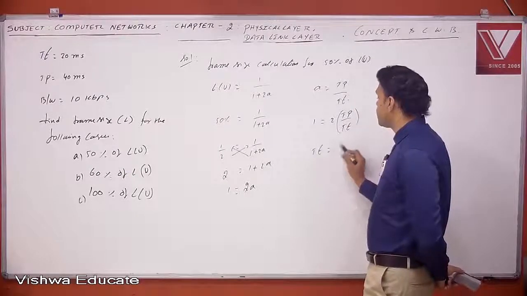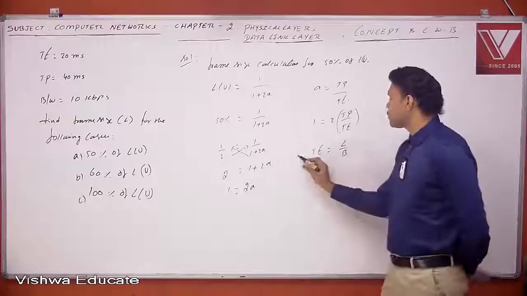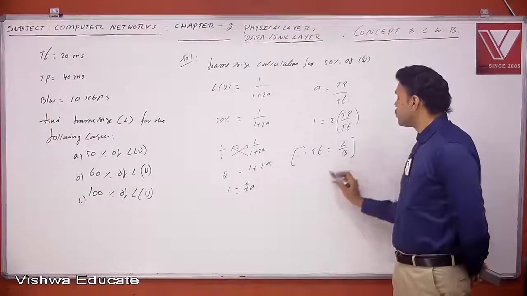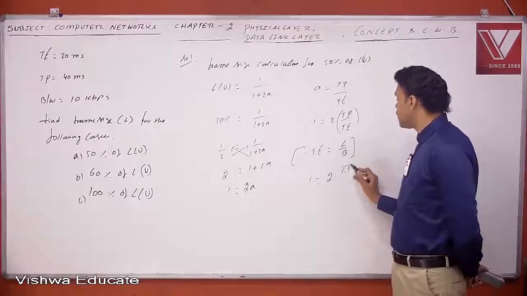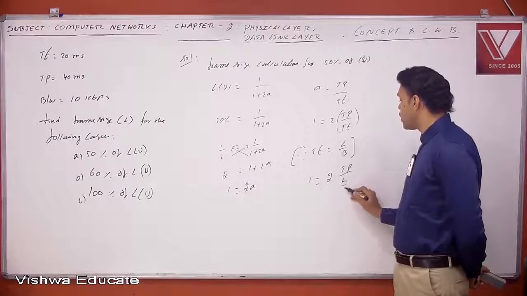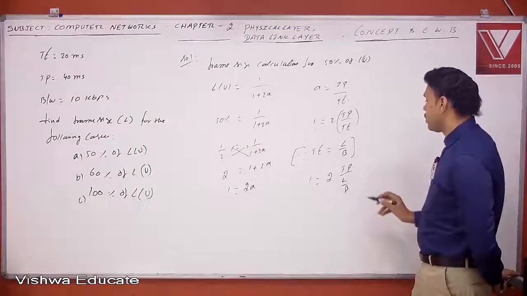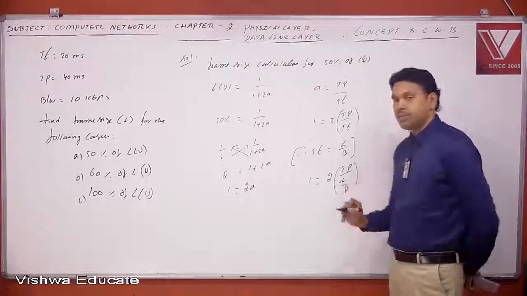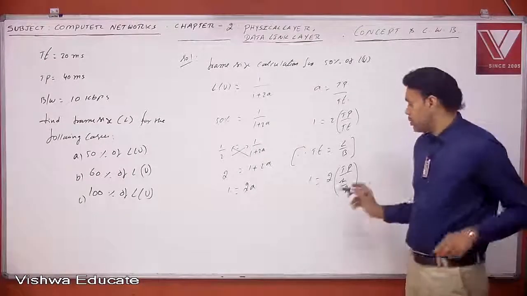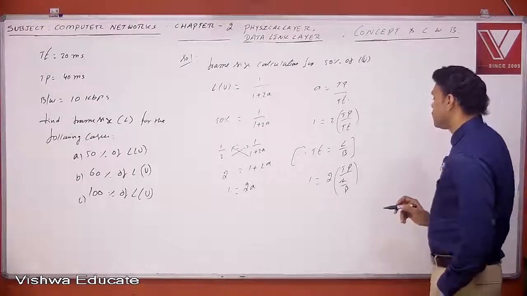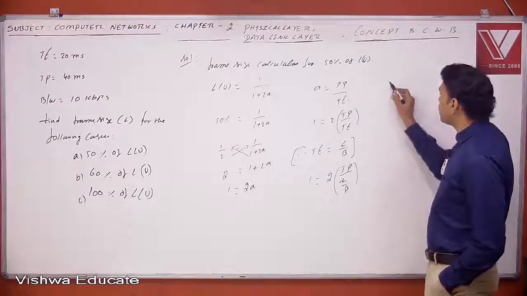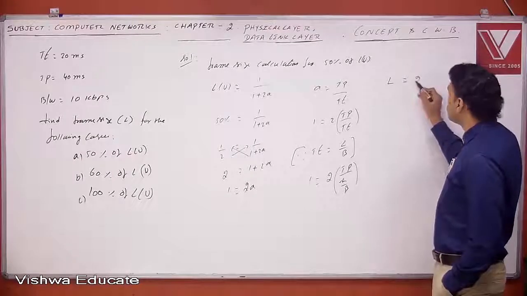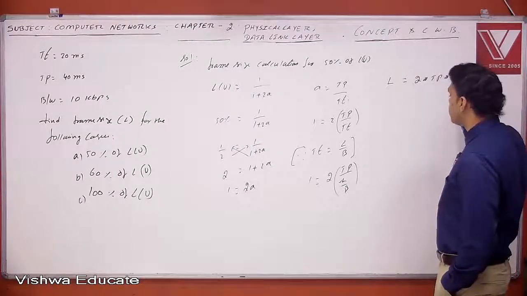Here Tt is nothing but L by B. So 1 equal to 2 into Tp by (L by B). We want this L value. So how to find this L value? This L value we can get as: L equal to 2 into Tp into bandwidth.